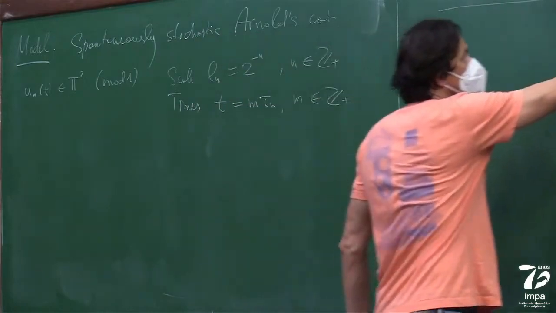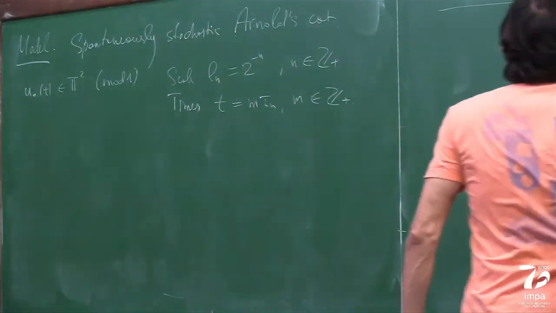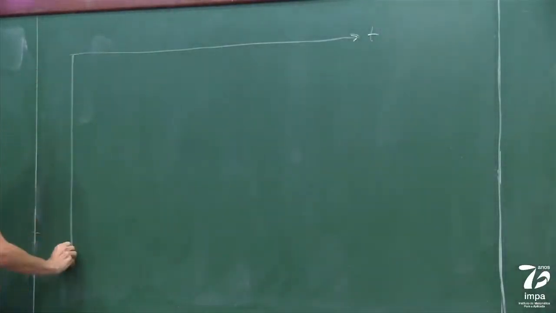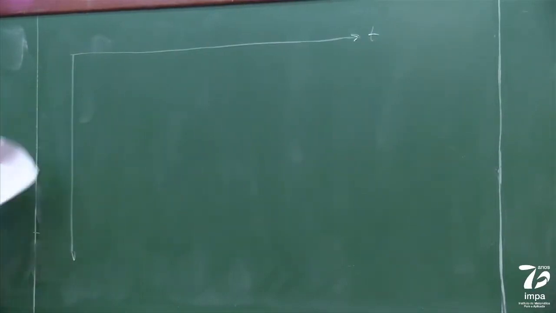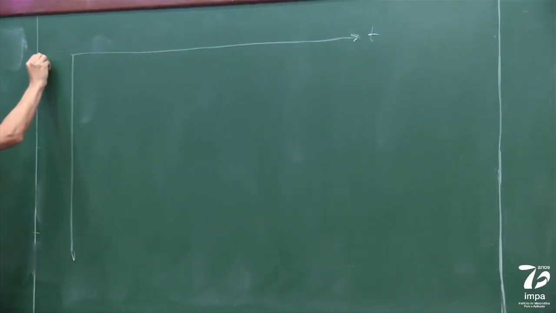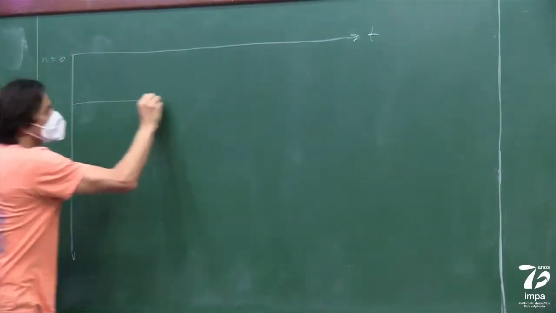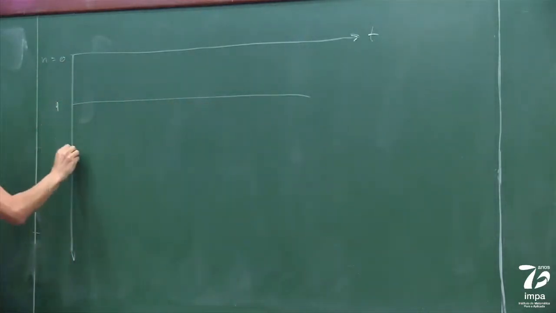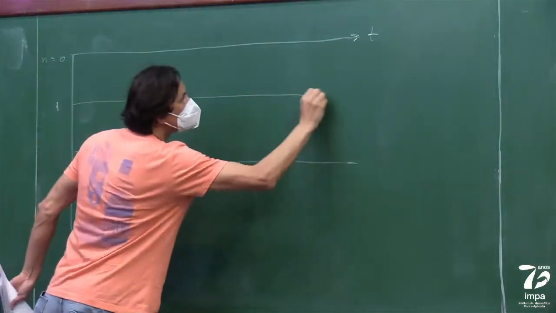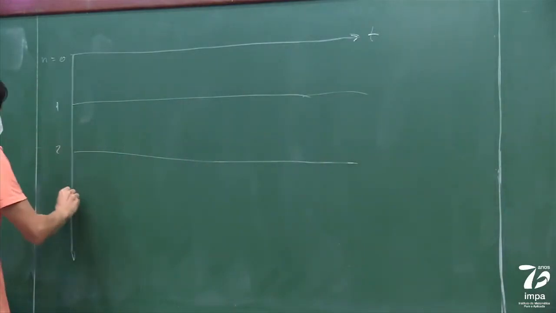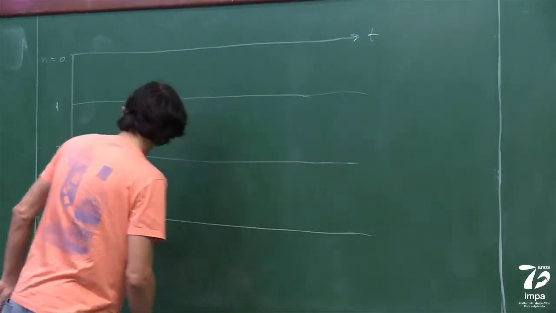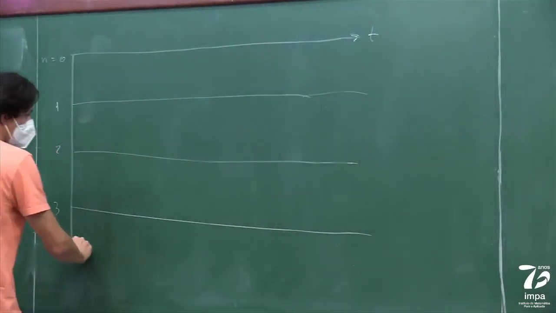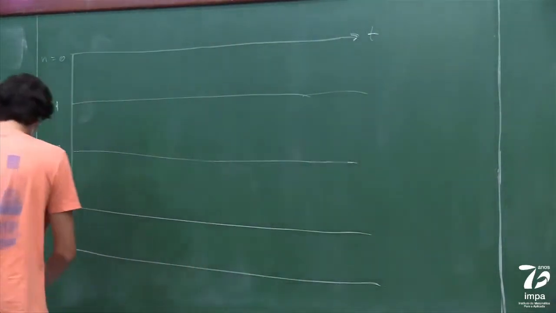So we have a timeline, and we have scale, which will go down, so smaller and smaller scale. So the n is 0, then 1, 2, 3, 4, and so on.